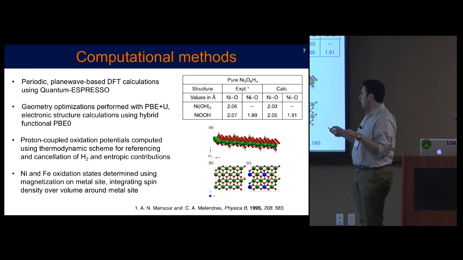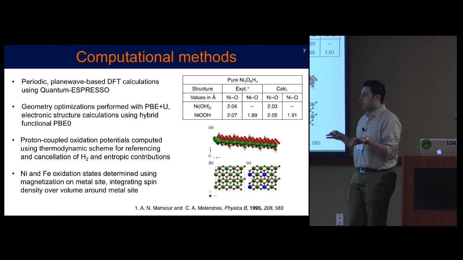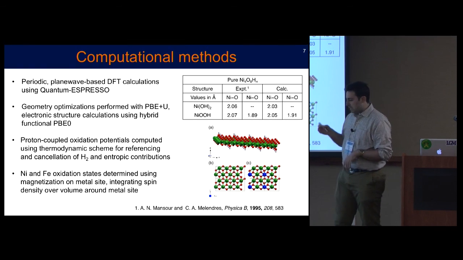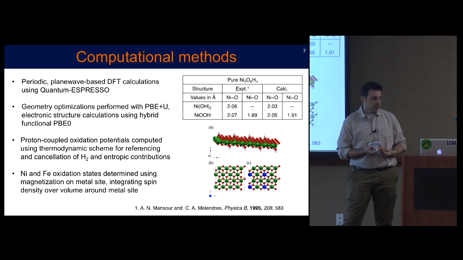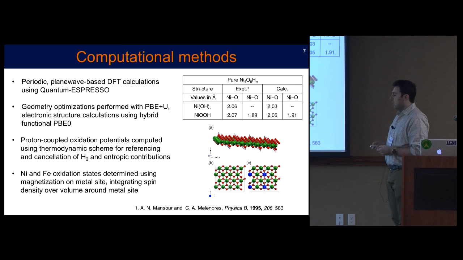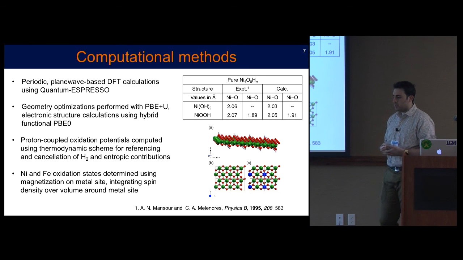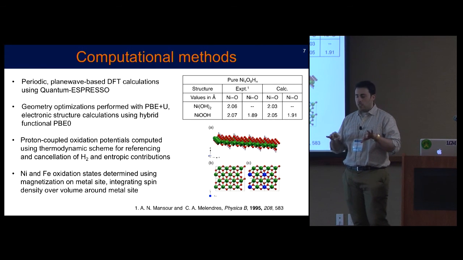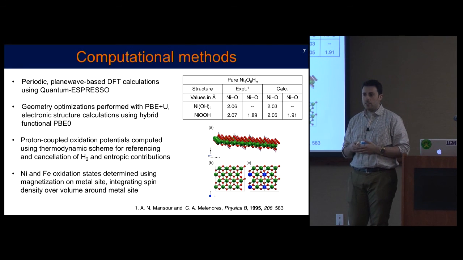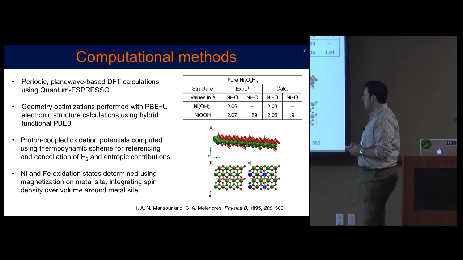These plus U approaches seem to help for the bulk oxides, but for whatever reason, and we think it's the significant oxygen character around the Fermi level, we needed these hybrid functionals, which are of course significantly more computationally intensive than the GGA plus U types, to open up an appropriate band gap to then thereafter do some redox thermodynamics and look at the oxidation states.